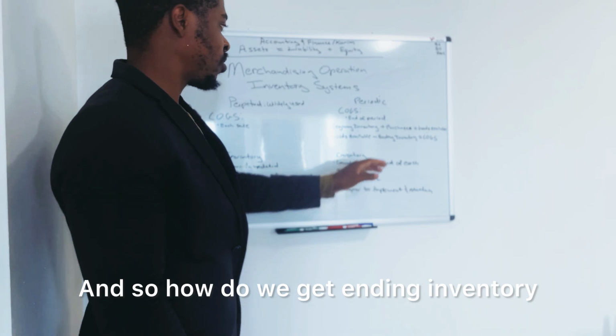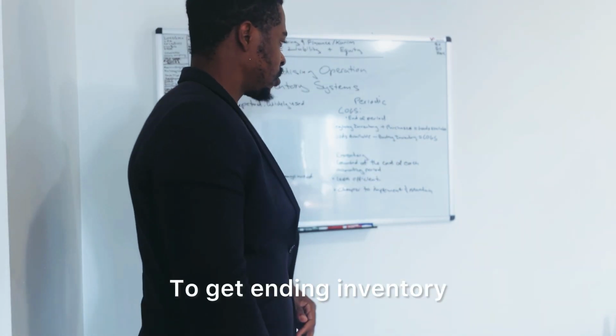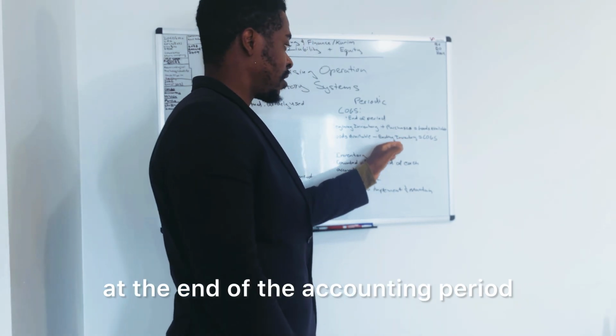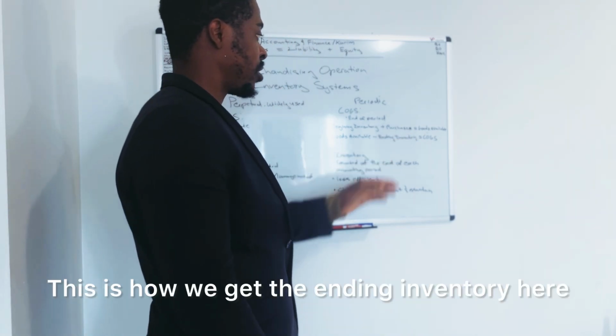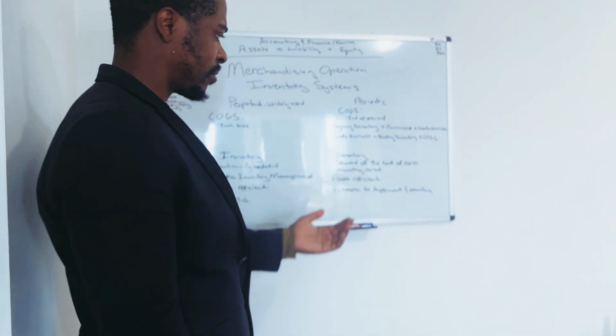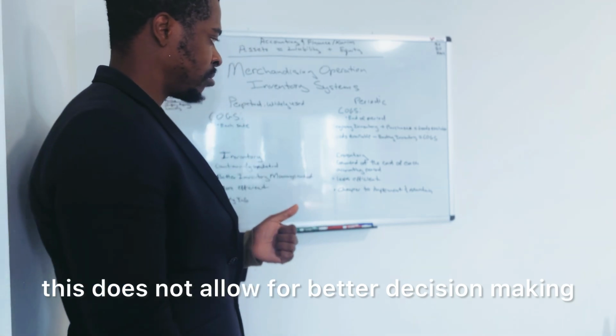And how do we get ending inventory? To get ending inventory, we have to do a physical inventory count at the end of the accounting period. This is how we get the ending inventory here. As you can see, this does not allow for better decision making.